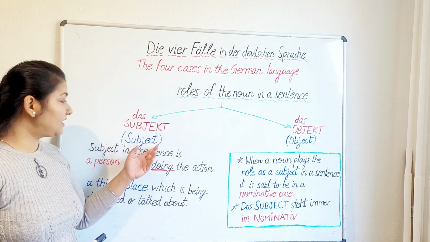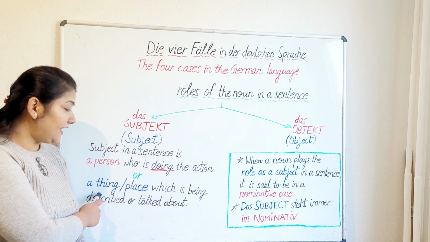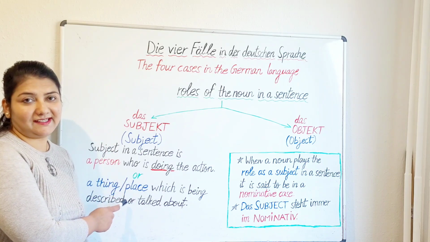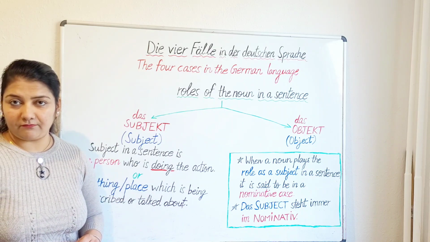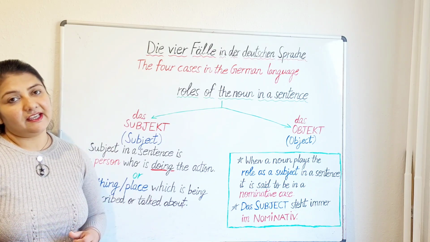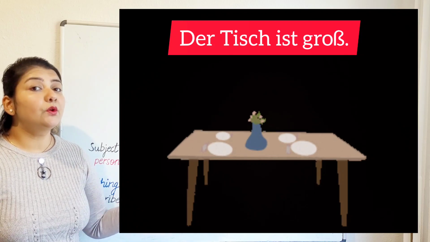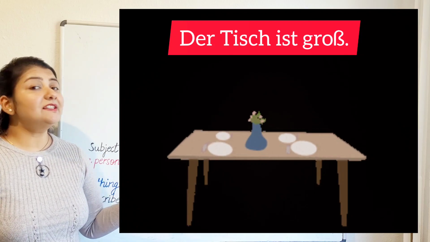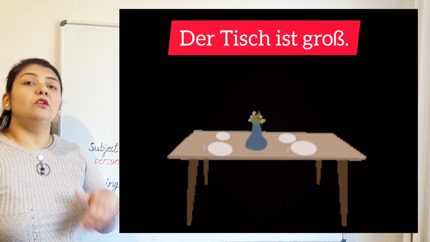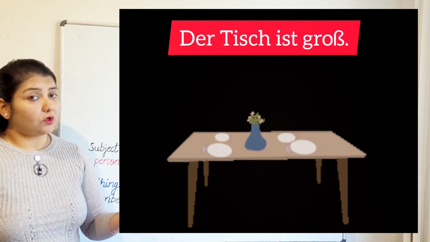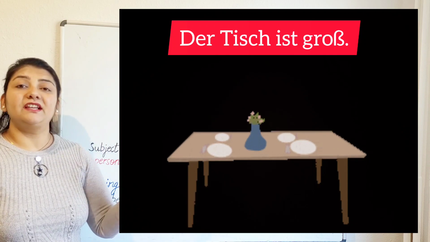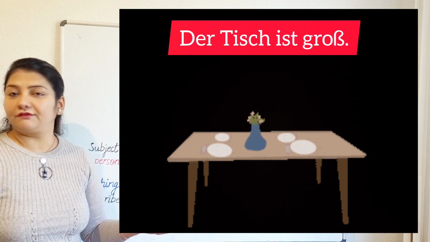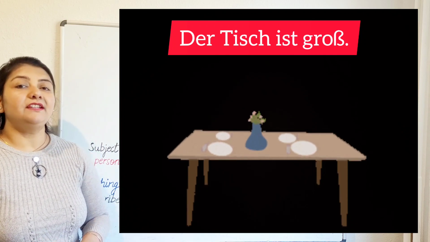Another thing, subject can also be a thing or a place in a sentence which is being described or talked about. For example, we can say, der Tisch ist groß. Der Tisch ist groß. So, what is the thing which is being talked about? That is der Tisch, the table. So, der Tisch is the subject of the sentence, right?